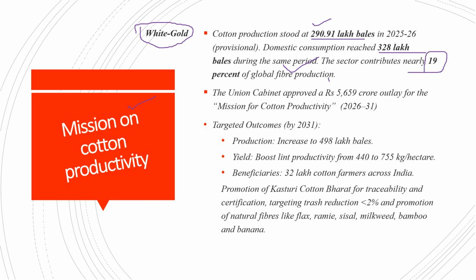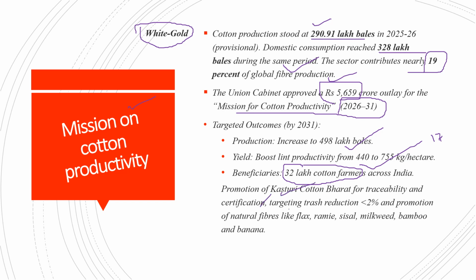The Union Cabinet has introduced the Mission for Cotton Productivity for 5 years from 2026 to 31 with an outlay of 5659 crores, targeting 498 lakh bales by 2031, and lint productivity from 440 to 755 kg per hectare, where each bale is about 170 kg, and the beneficiaries are about 32 lakh cotton farmers.